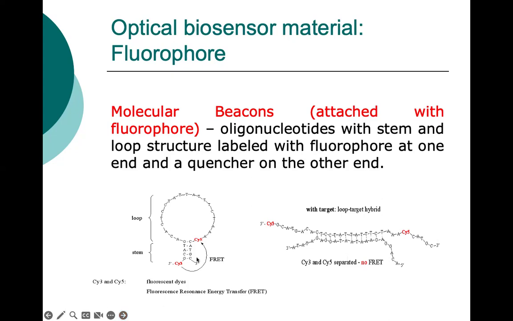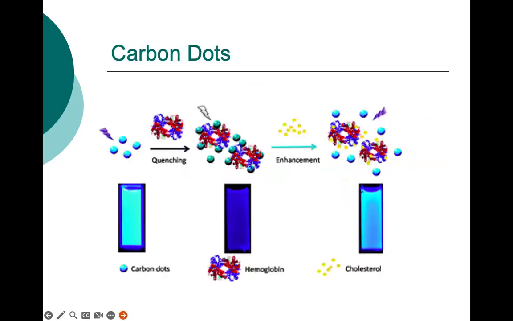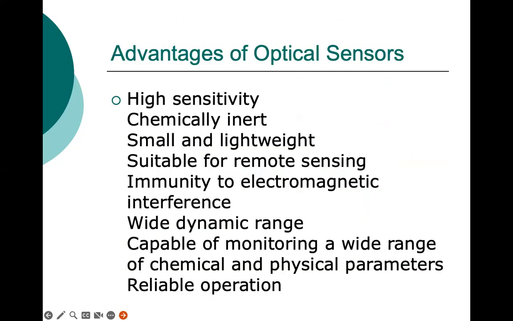So this is what molecular beacons are. This is one example of an optical-based material that we can use in the development of optical sensors. The advantages of optical sensors are relative. Sometimes it's difficult because it is color based, so if your sample is colored, there will be interference.